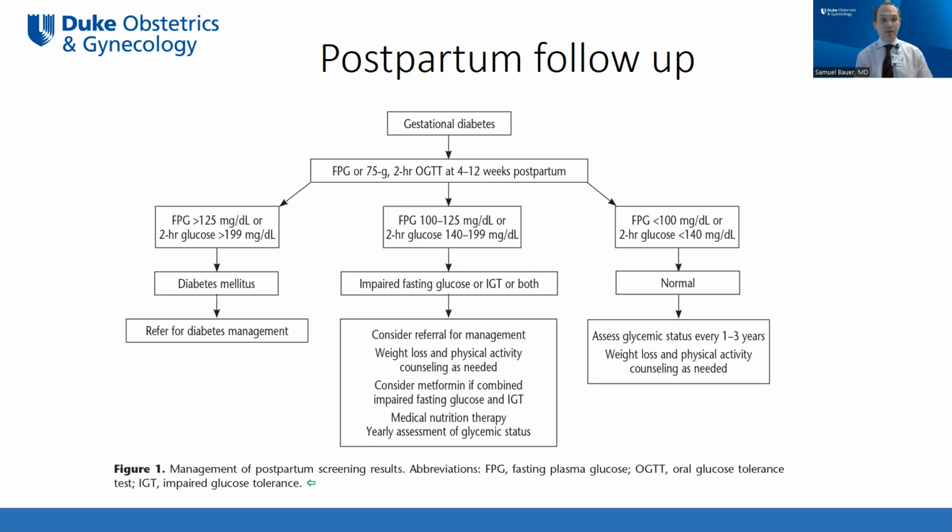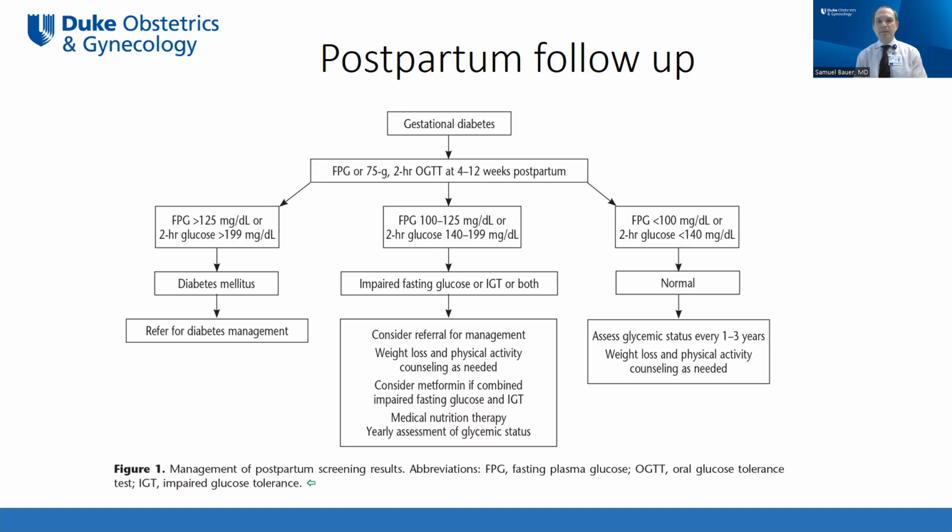I've got a fasting of 126 or greater, or developed diabetes, and I need to be referred to primary care as well as to endocrinology. Or I'm in that challenge of developing diabetes, pre-diabetes, and so I'm in a place where I can make healthy choices.